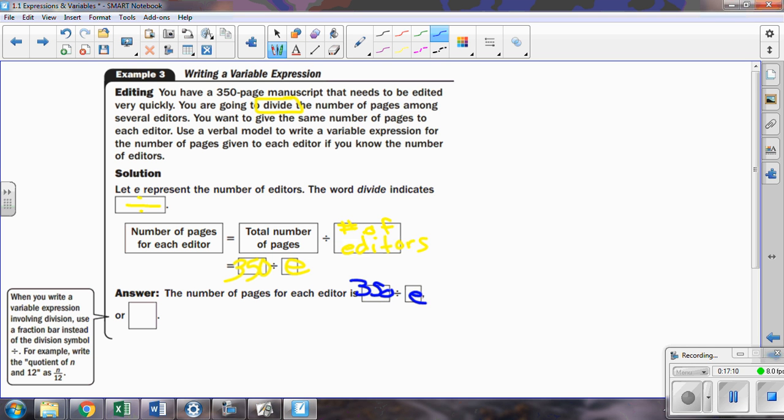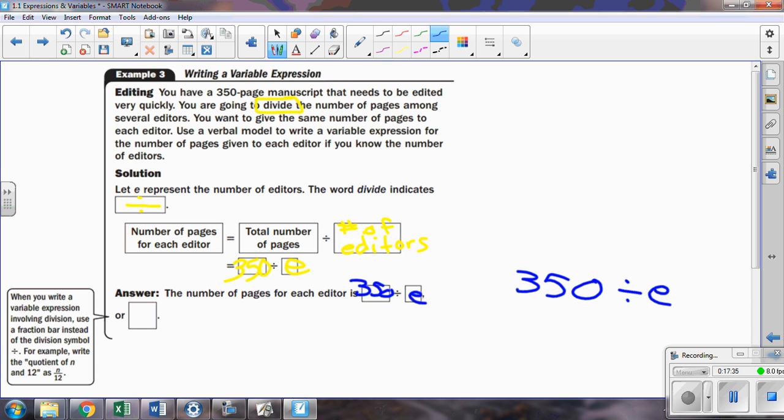Now, I would like to make a note here. There's a very important concept in terms of how we choose to write things. Once we start doing algebra, we don't usually use the divide symbol very much anymore. It's more common to write things out with the long fraction bar.